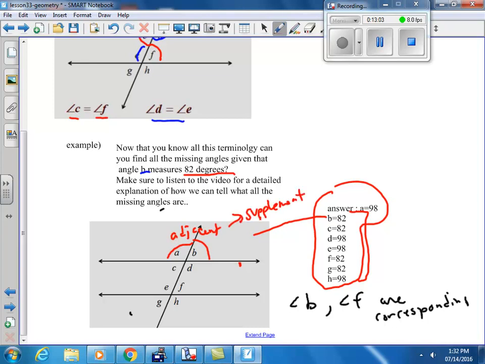I'm just going to throw you a couple, see if you catch it. Okay, what about D and E? Well, those are alternate interior. So you just want to throw yourself some combinations and see if you can talk about what they are.